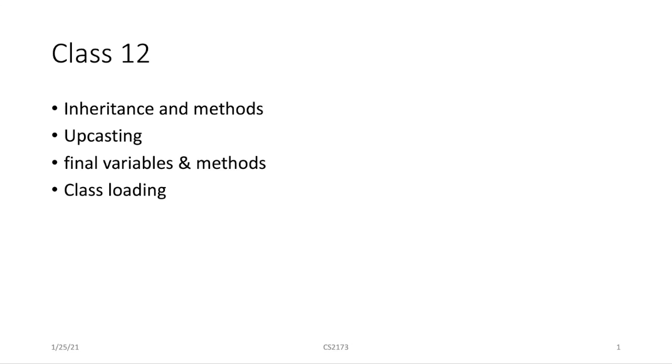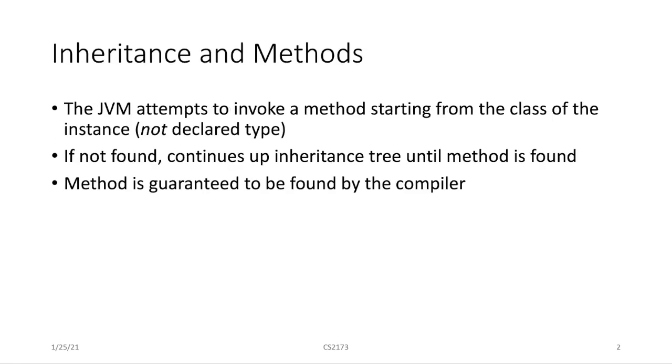That's usually a good idea. But it's important to understand what final means, and then I'll briefly talk about what class loading is about. Basically, that's how the Java Virtual Machine figures out what classes it can use.